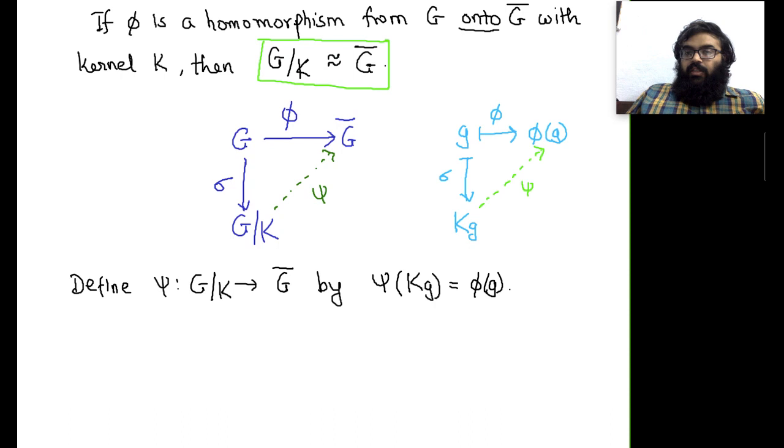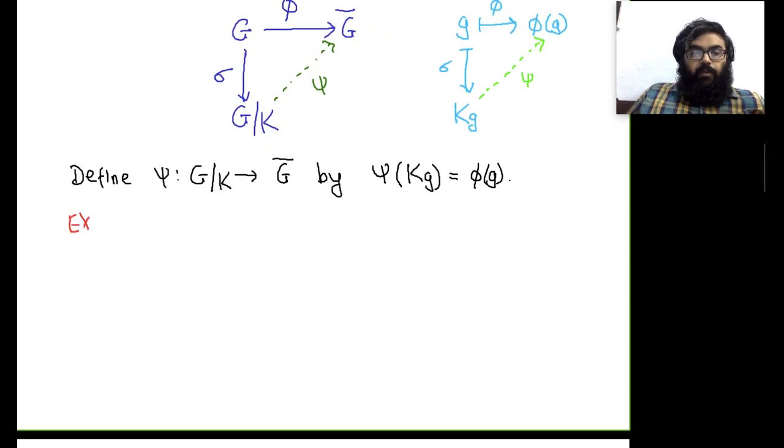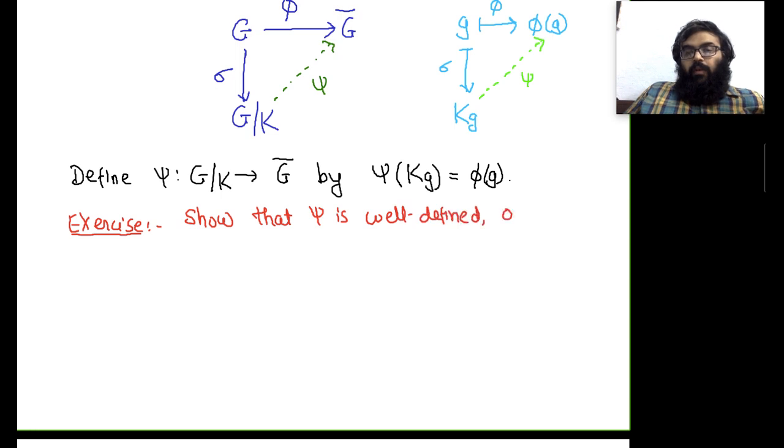Then the exercise is, this was left as an exercise because I know you have already seen this in B.Sc. This is just a revision part, so we're not going to discuss all the topics here in detail. We have to show that psi is well defined. We want to show that G quotient K is isomorphic to G bar. So isomorphic means one-one, onto homomorphism.